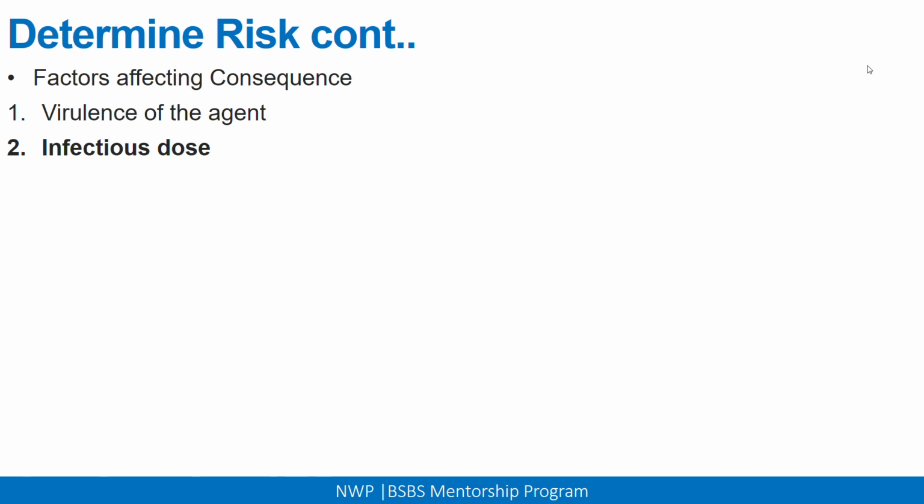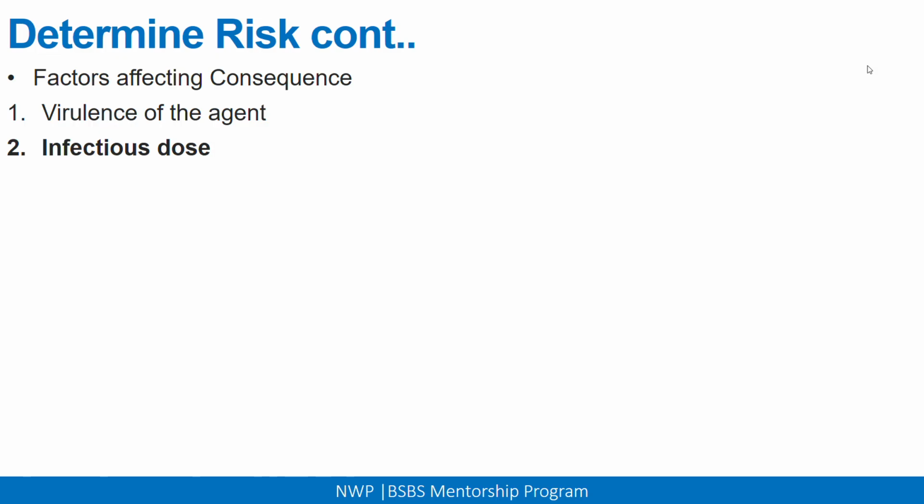Infectious dose. If you get exposed on multiple occasions to this particular agent, or if you get exposed to a high concentration or dose of this particular agent, the manifestation of the disease will be faster, and therefore the severity of the disease will also be higher.